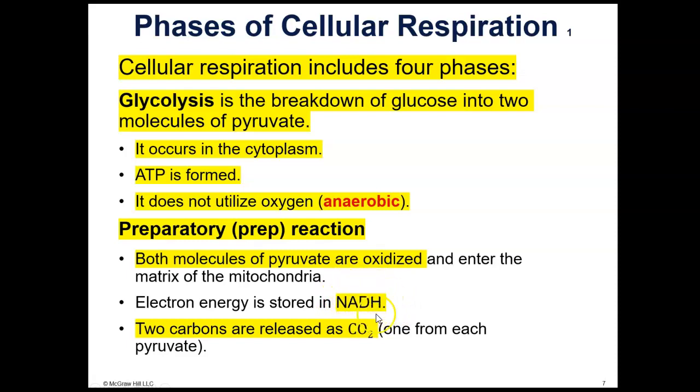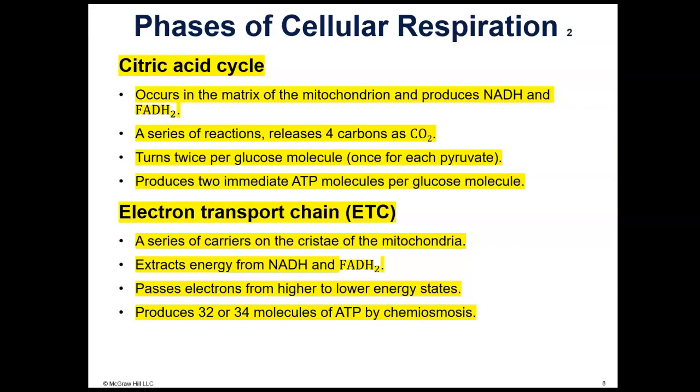So it's going to store electrons and hydrogen ions. So NADH is produced, and then 2 carbon dioxide molecules are produced. What is not produced in the prep reaction is ATP. Okay, so the prep reaction converts pyruvate into a molecule called acetyl-CoA, and we'll talk about it a little bit more. That's just an overview.